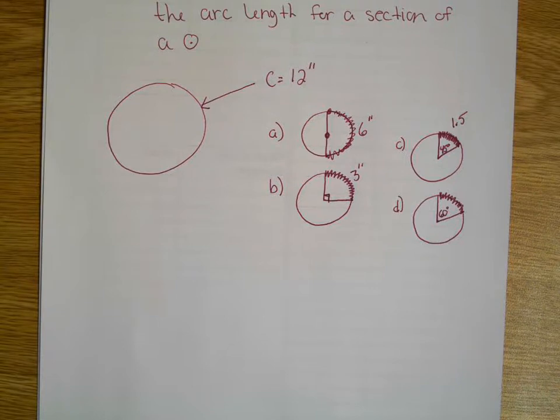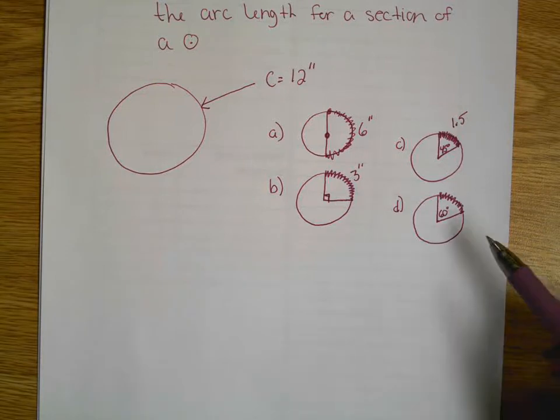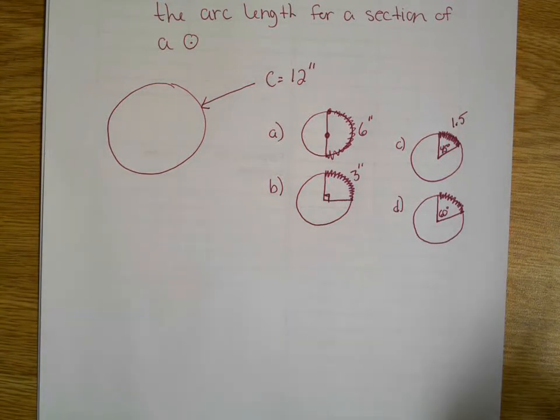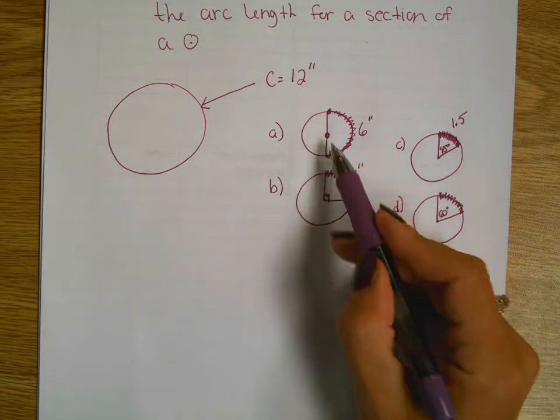Any thinkers out there today? Yep. Like 1/6 times 12. Where did 1/6 come from? 60 over 360. Exactly. He's figuring out what fraction of the circle we're working with.